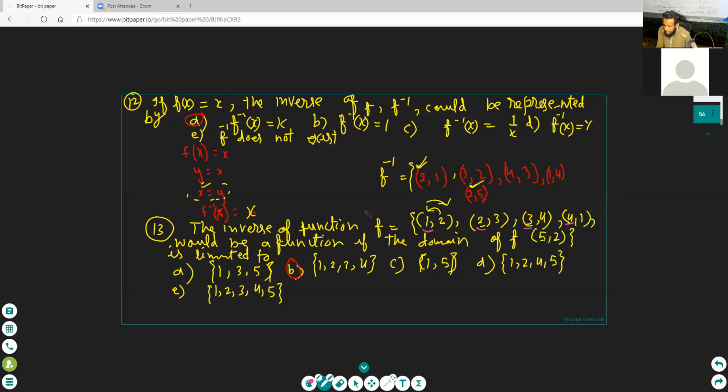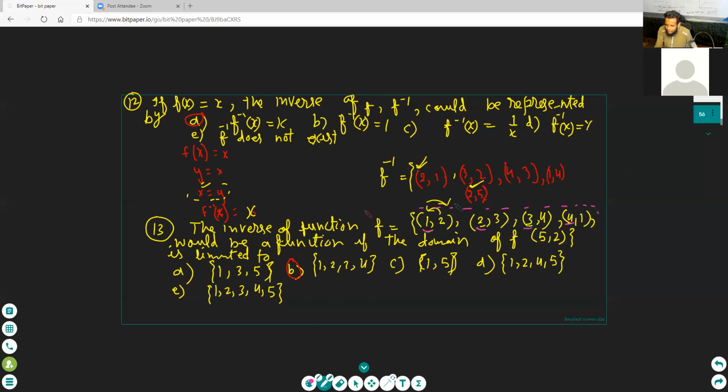If we have this function, then the inverse of this, (2, 1), (3, 2), (4, 3), and (1, 4), is a function. Clear? B is good. This is a function, but its inverse is not a function.